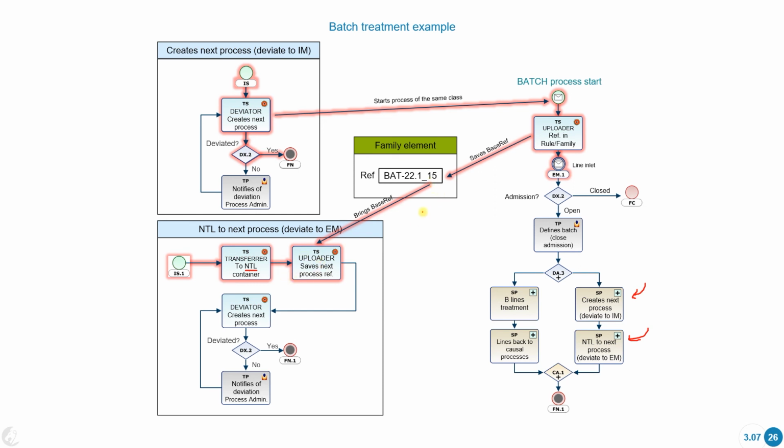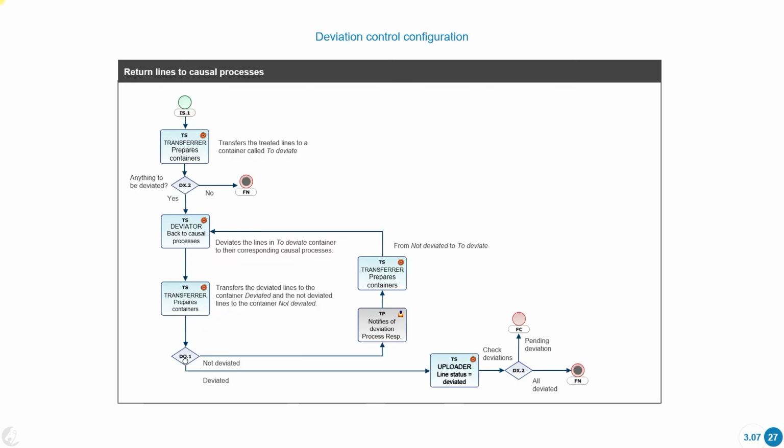So in that process, we need to bring the reference of the process 15. And afterwards, we're going to use that reference in order to deviate those 500 lines to this intermediate message here of the instance 15. And here we're going to have a control of the deviation just to make sure everything is working correctly. And here we go back again to the previous subprocess that we already explained.